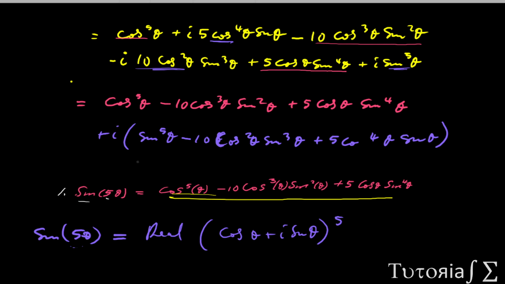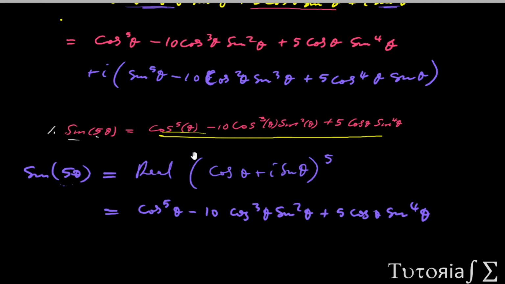So basically, we can say sine 5 theta is equal to the real part of this, which is simply equal to cos 5 theta minus 10 cos cubed theta sine squared theta plus 5 cos theta sine 4 theta. And basically that ends your proof.